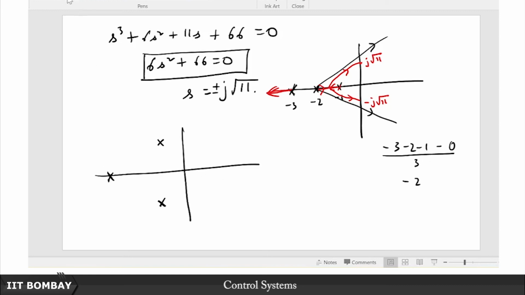Remember this blue one, this is basically coming from G(s) equal to omega n squared upon s squared plus 2 zeta omega n s plus omega n squared. And this black one is another pole that is coming in at s plus p. So this is that point minus p.